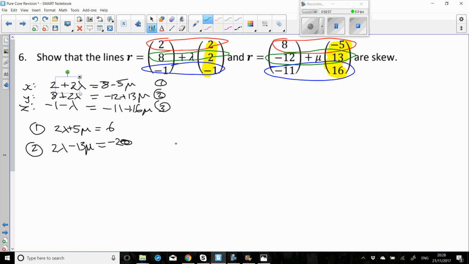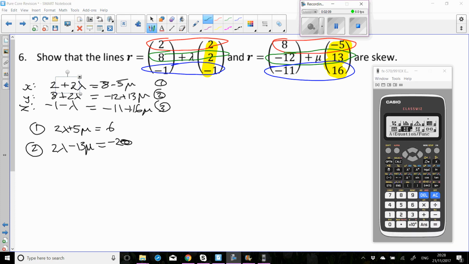Okay. Right, now we just got to solve some simultaneous equations. We can do that by hand, or we can go into our calculator mode and just type in all the coefficients. Remember, it has to be in this very specific form.